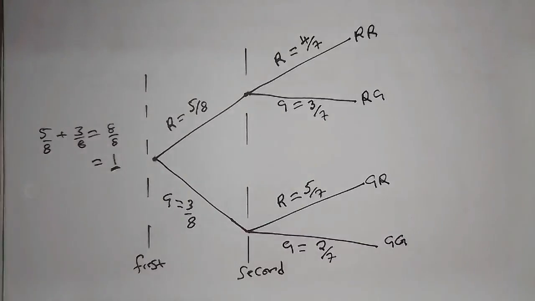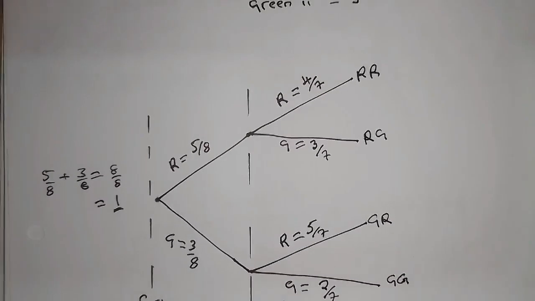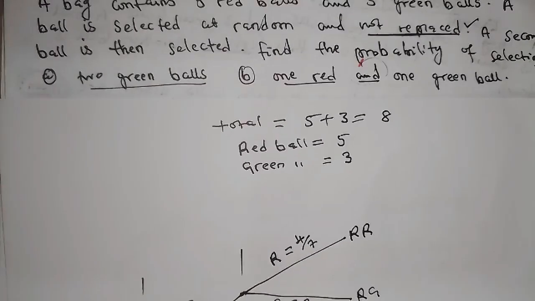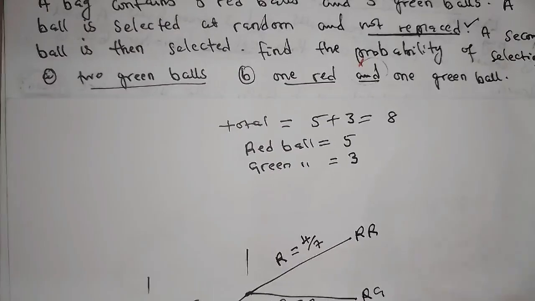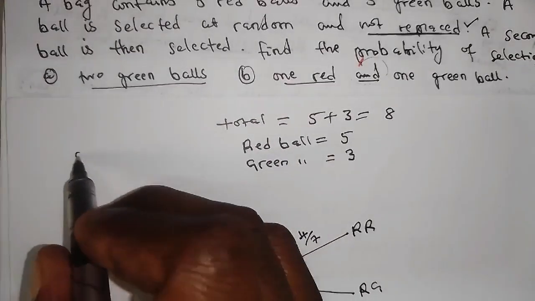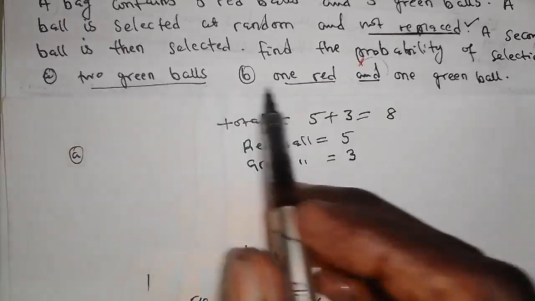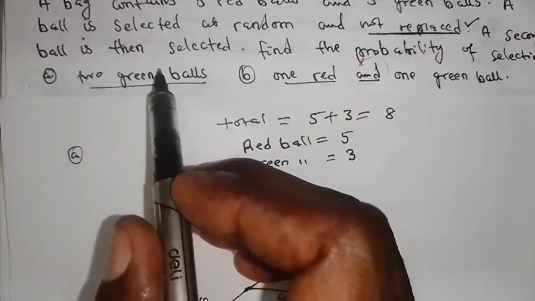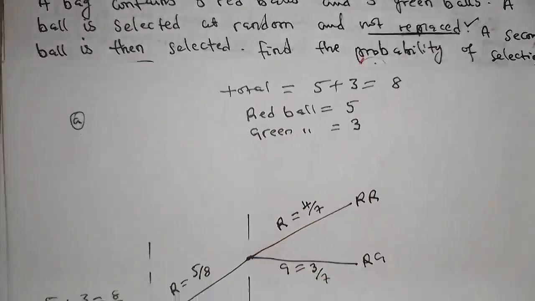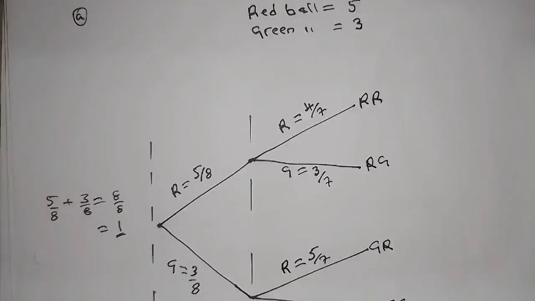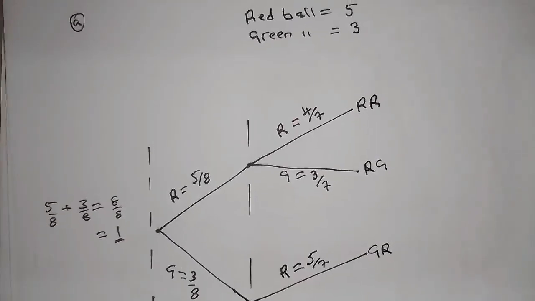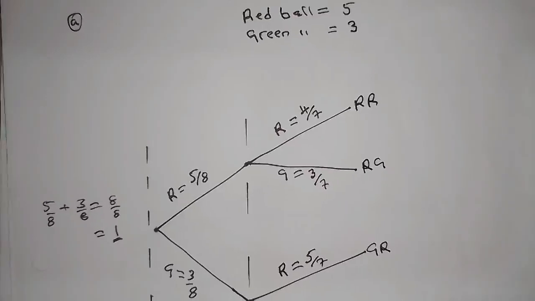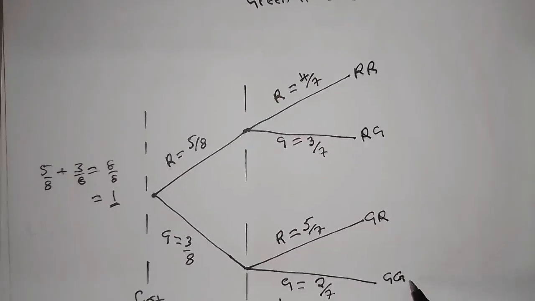Now, going back to the question, they are asking us to find the probability of selecting 2 green. So you go back to your tree and look at 2 greens. So 2 greens is this one.